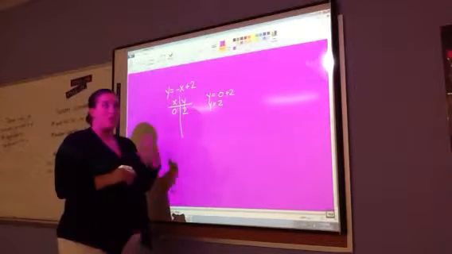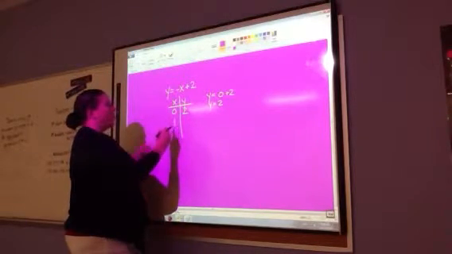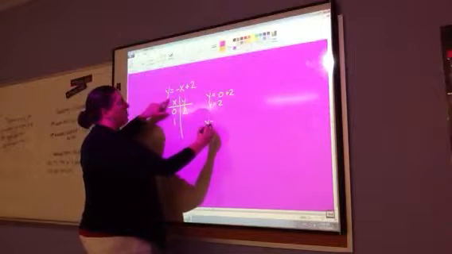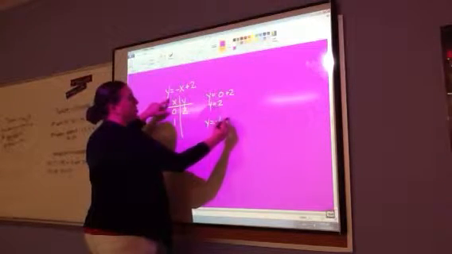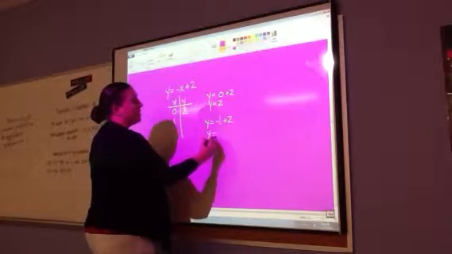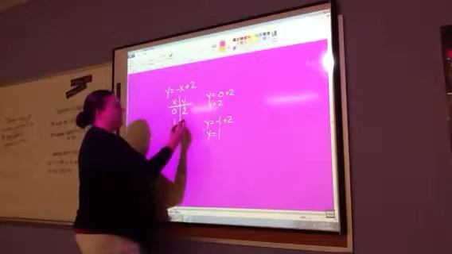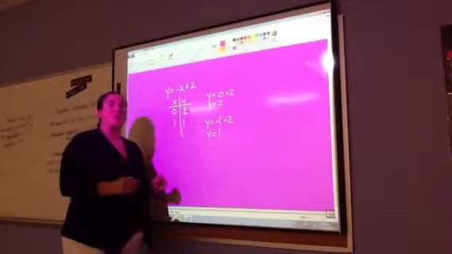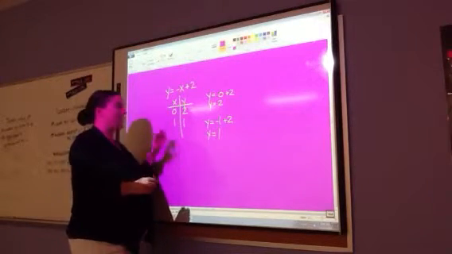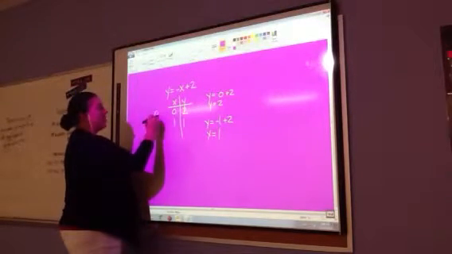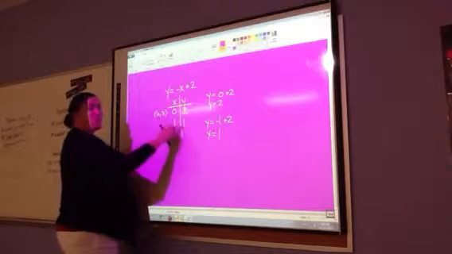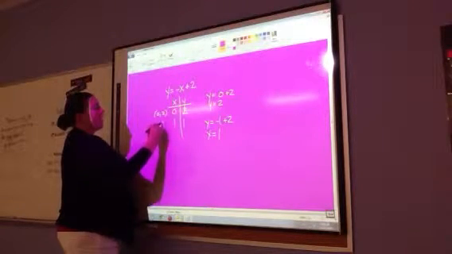Now I'm going to do just the next number up. I'm going to do 1. So that would be y equals -1 plus 2. So then y would equal -1 positive 2. That just gives you 1. So now I have enough to be able to graph the line. All you need are 2 different coordinates. So this coordinate is 0, 2, and this coordinate is 1, 1.